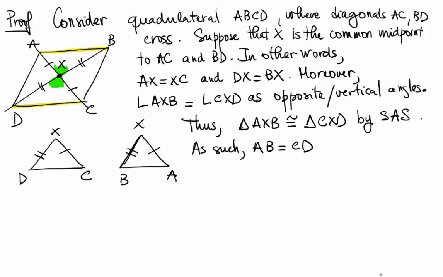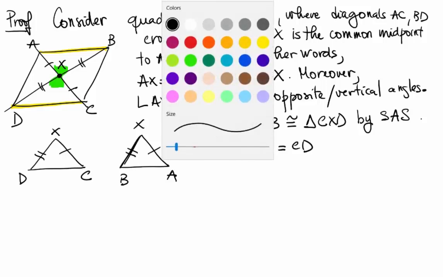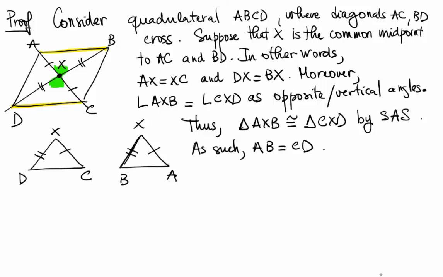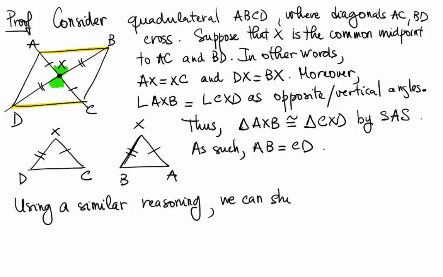And if you play the same game, you recycle these arguments, using a similar argument, we can show that AD is also equal to BC. Try to pause the video for a second and work out the steps for yourself.